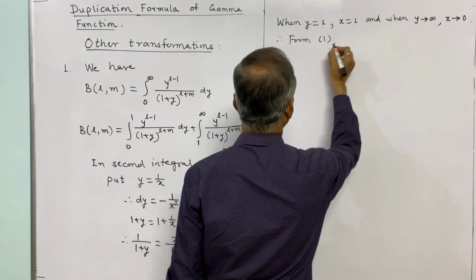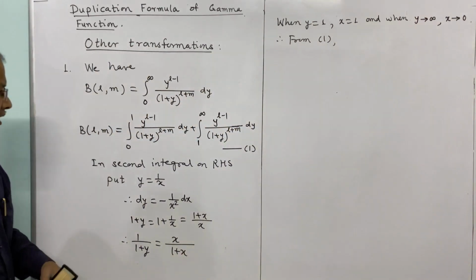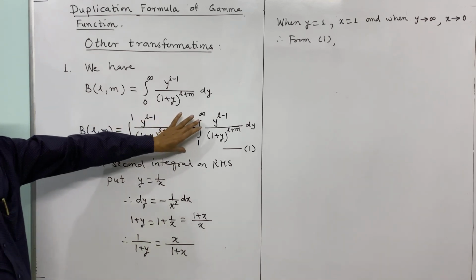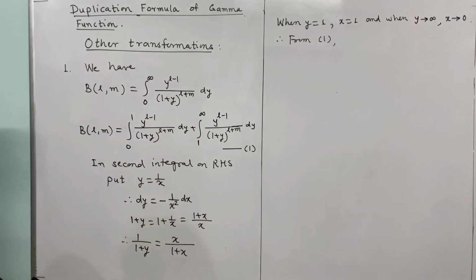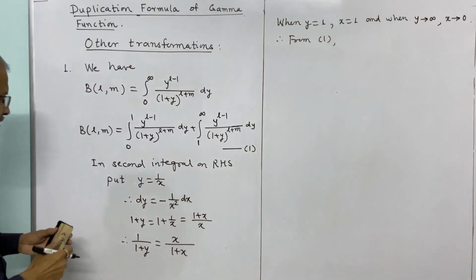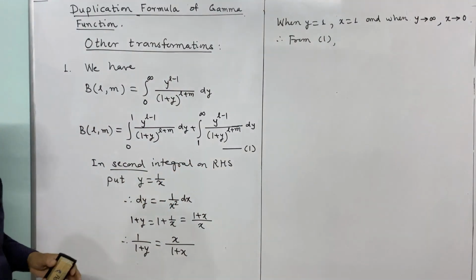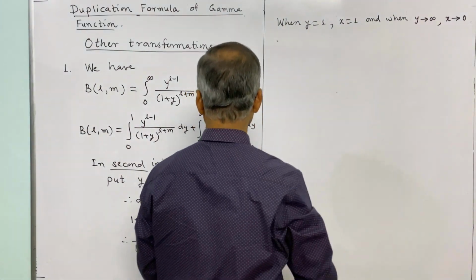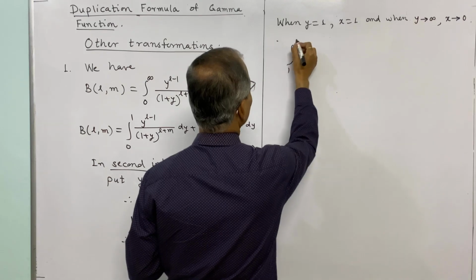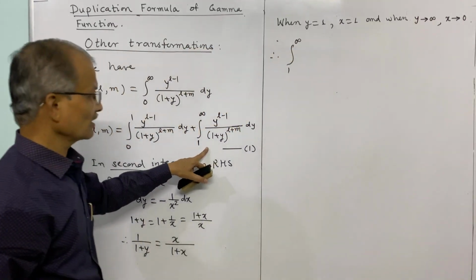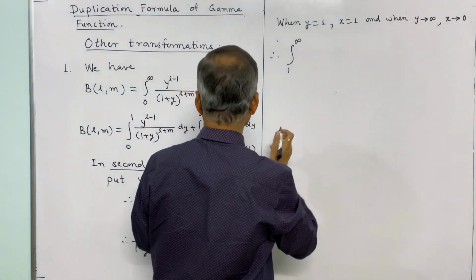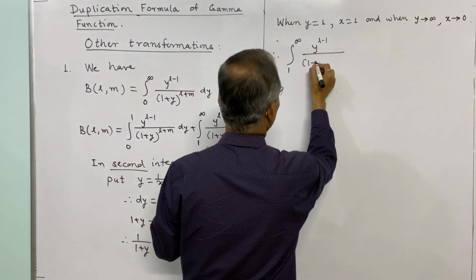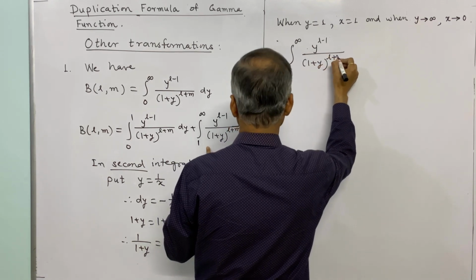From equation 1, we shall consider the first integral unchanged, and only the second integral we have to transform. Therefore the second integral on the RHS of 1 is the integral from 1 to infinity of y to the power L minus 1 divided by 1 plus y to the power L plus M dy.